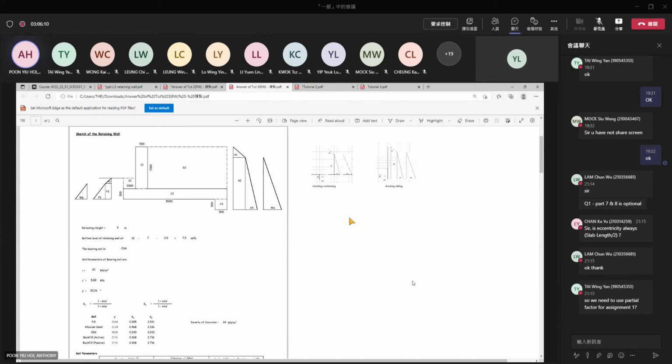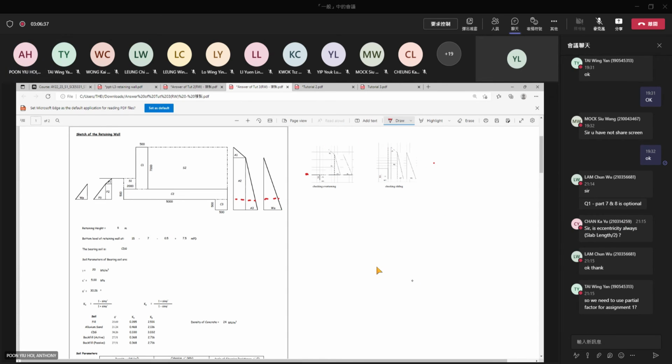Again, when checking the sliding, we use the pressure diagram up to the base of the shear key. And for checking the overturning, we use the pressure diagram up to the base of the slab. So actually, we have 2 pressure diagrams.